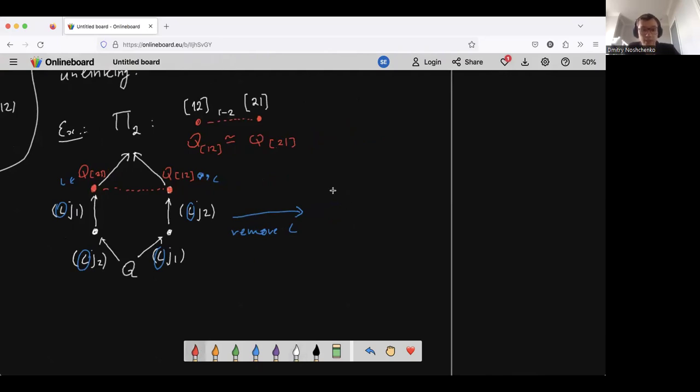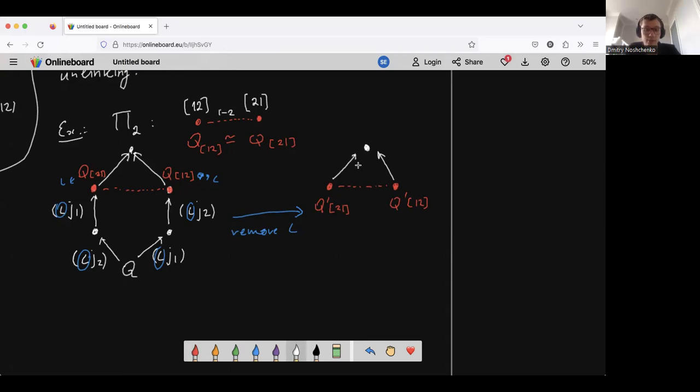The statement is that we only obtain this top part. And here we have some Q prime 1, 2, Q prime 2, 1. And these are still connected by permutation, and you can still unlink them to the same quiver.